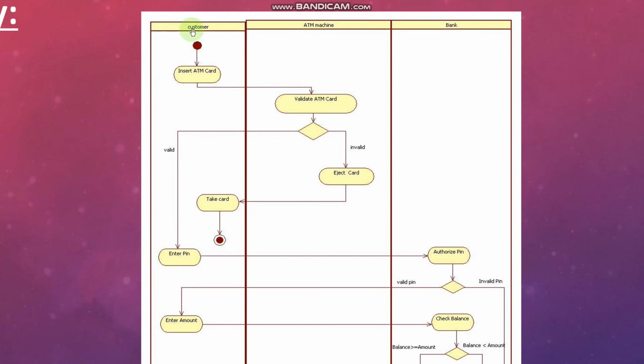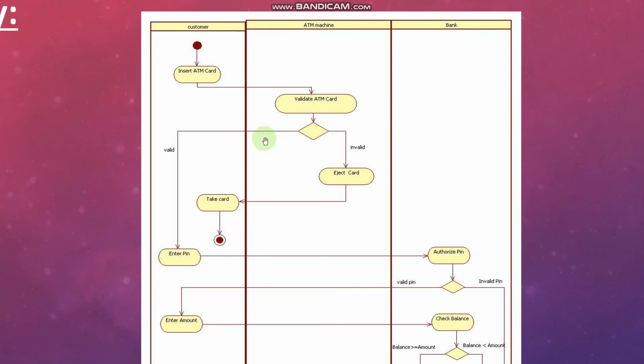Here, as you can see, the swim lanes are divided into three parts, that is customer, ATM machine, and bank. The initial process starts with the customer. As you can see, the start point is indicated using the black solid circle. The first activity, inserting an ATM card. Now, as we can see, the second activity is denoted in the ATM machine lane.